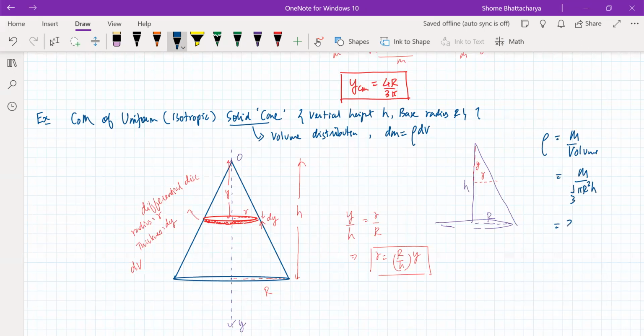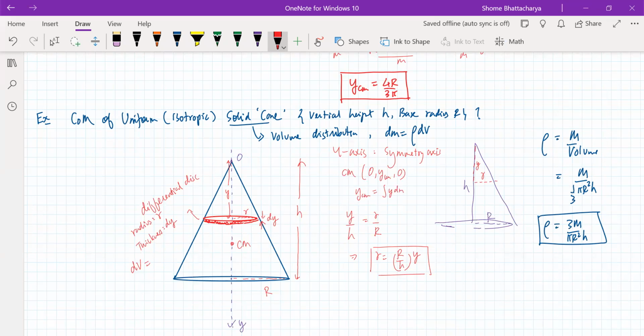Now this has a volume dV. And again, this is a symmetry axis, so the center of mass will lie somewhere on the y-axis, where we will calculate YCM by this method.